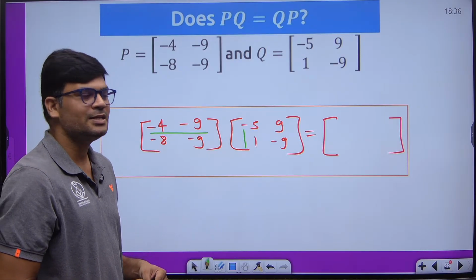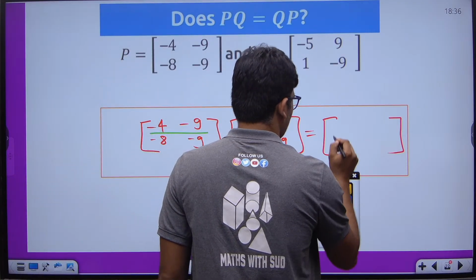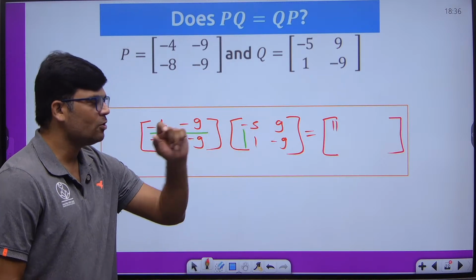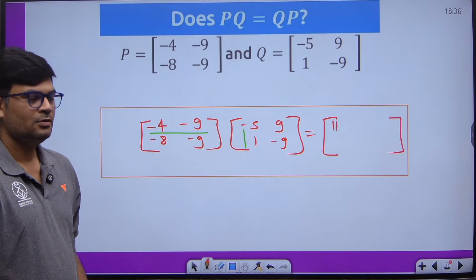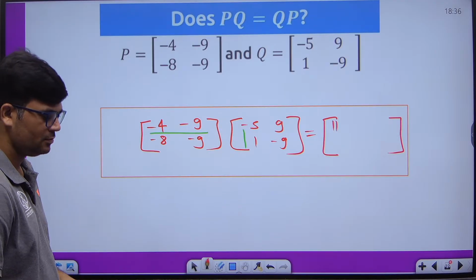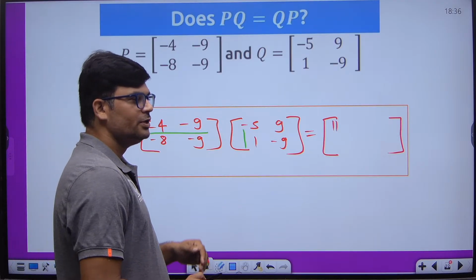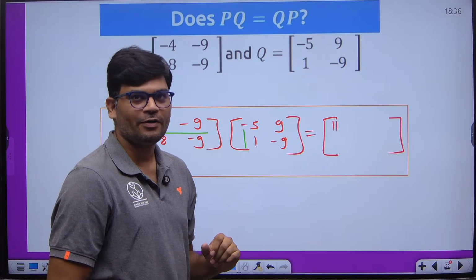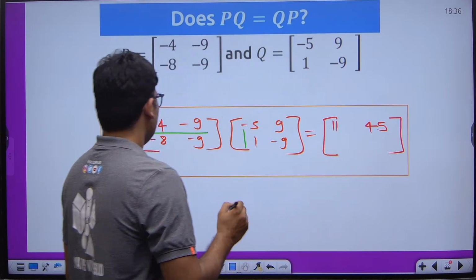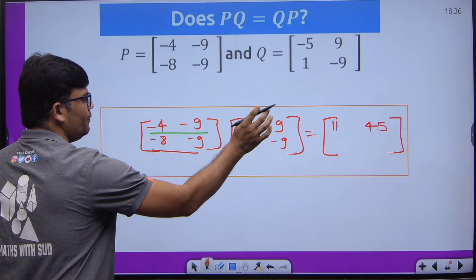So 20 minus 9 is 11. Now the first row and second column. Negative 4 into 9 is negative 36, plus negative 9 into negative 9 is plus 81. So negative 36 plus 81 is 45. Now the second row and first column.